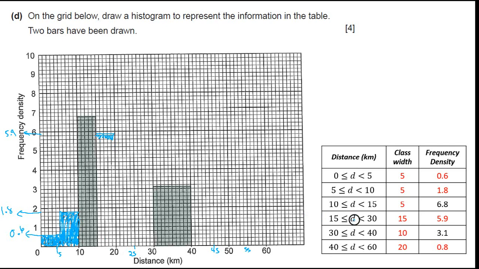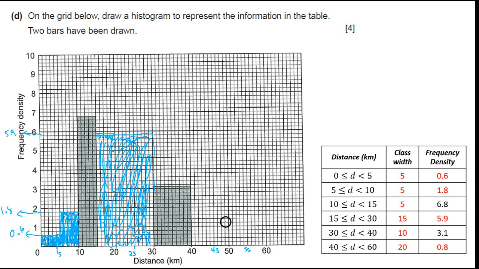No, the class width is what? 15. From 15 to 30. So it goes all the way up to here. You agree? So it's the whole thing here. So you obviously shade it with your pencil, right?